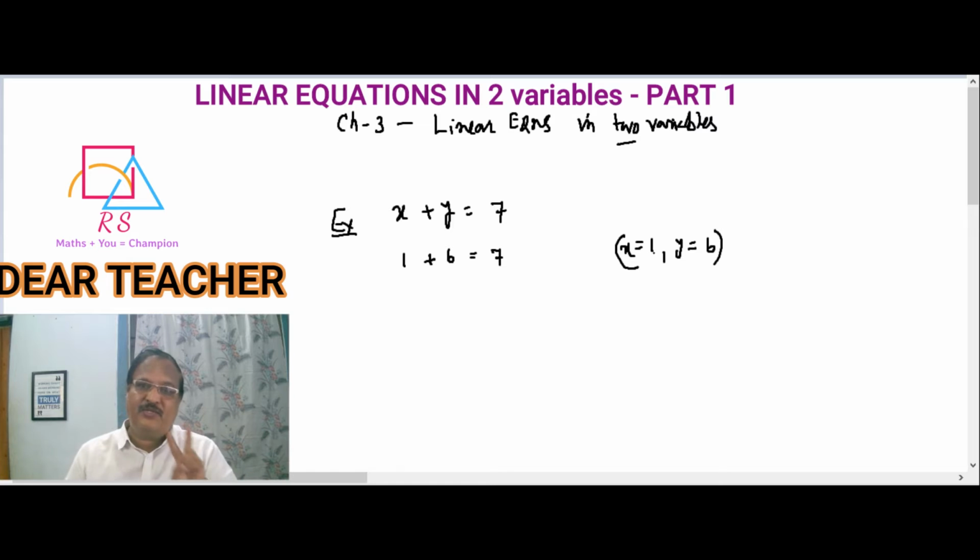Because there are two variables, we need values of both variables. Are only 1 and 6 there? No. Keep 2 here, then it will become 5. 2 plus 5 is equal to 7. So in this case, the solution is x is equal to 2, y is equal to 5.